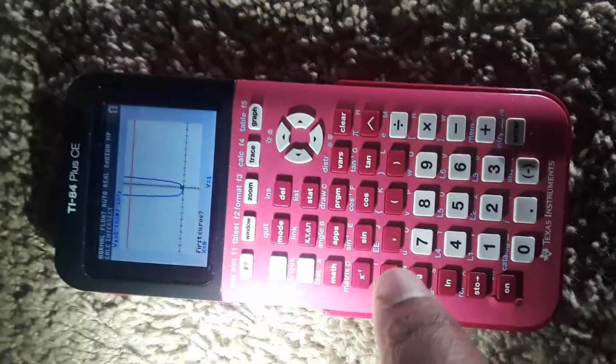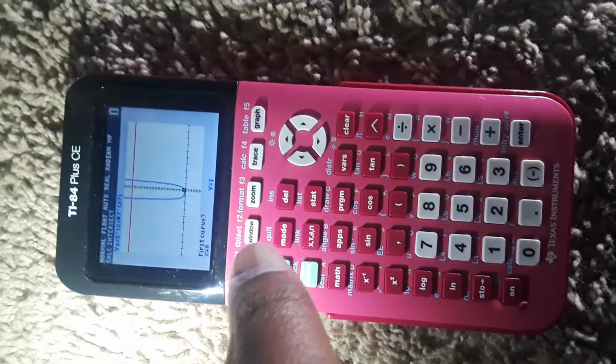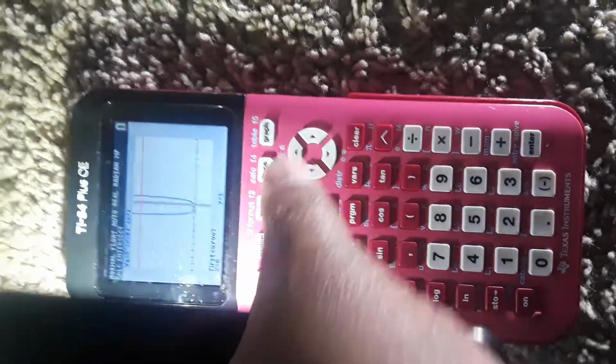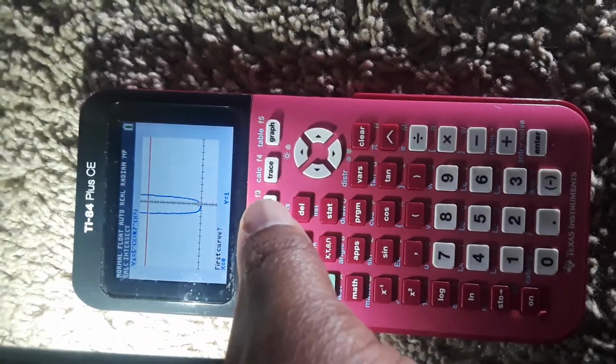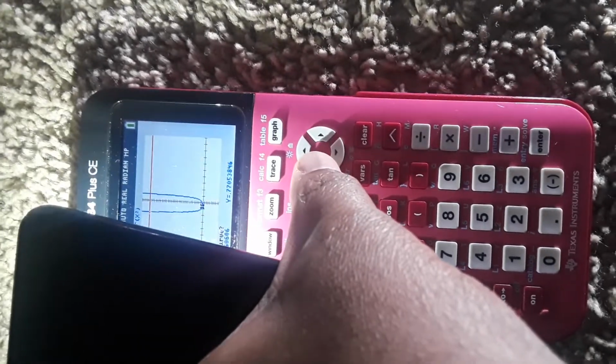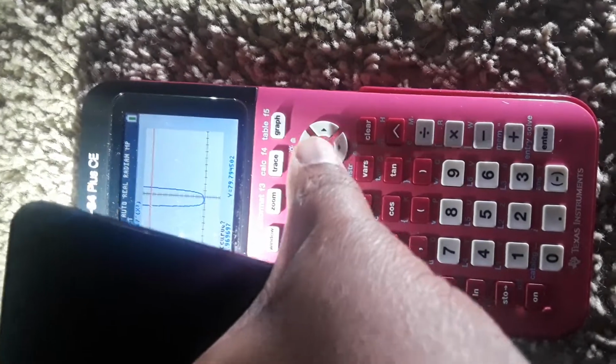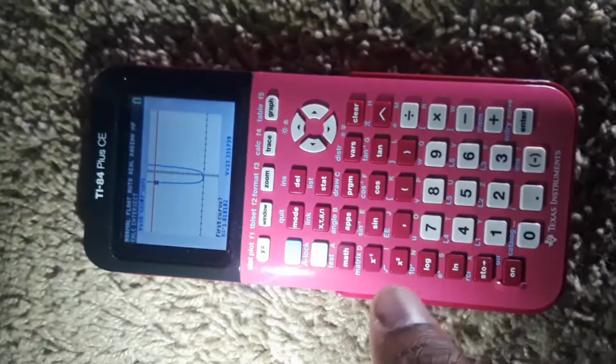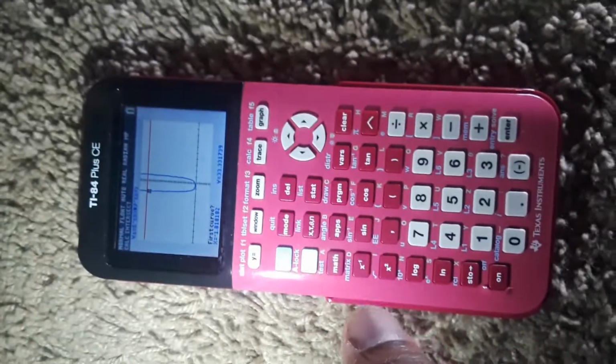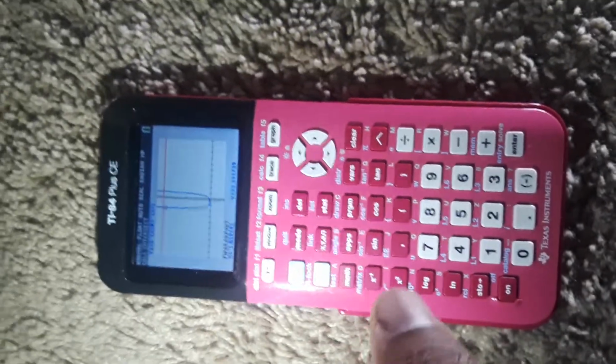So now we just gently hit the left arrow all the way up to the intersection point on the left hand side. And you see, after you get the cursor there, you can hit enter, enter, enter.